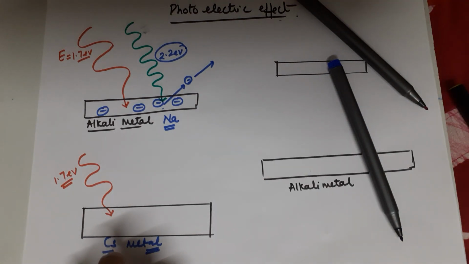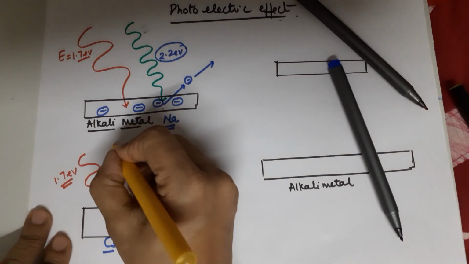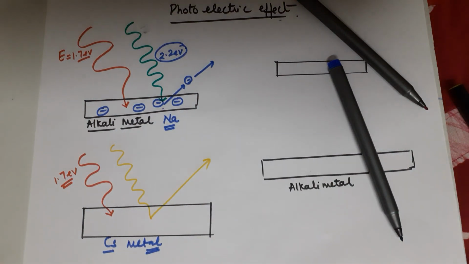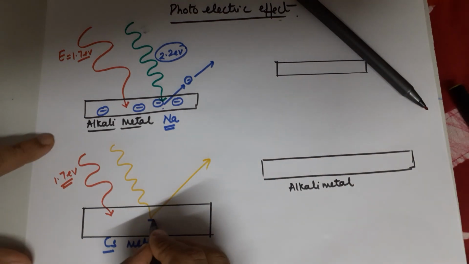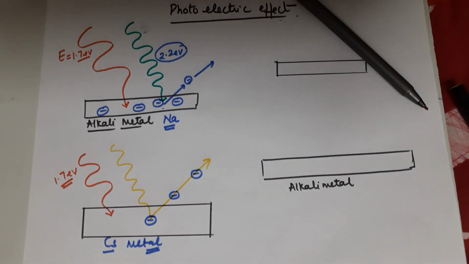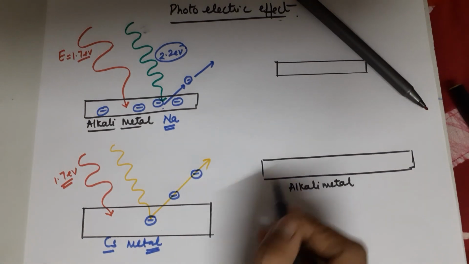When I use the yellow light, I find the electron is ejected out, which means yellow light has a higher energy, which is enough to excite the electron from the cesium element.